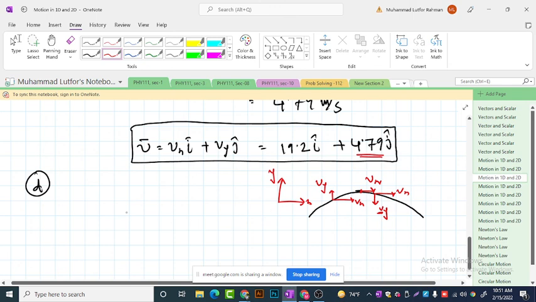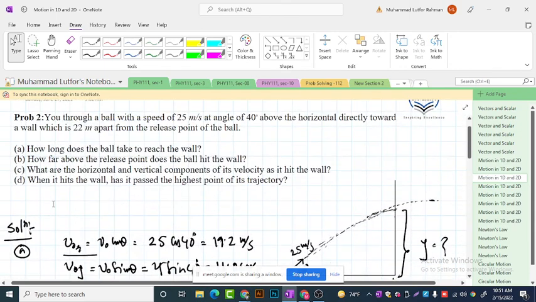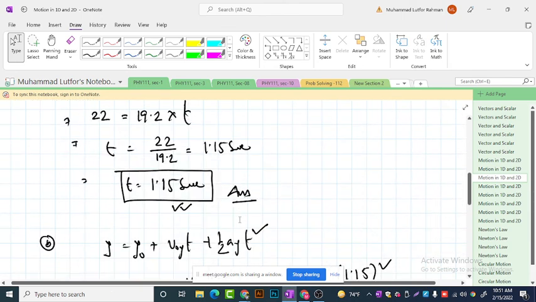If it had crossed that maximum point, then definitely the velocity would be like that, 19.2 i hat minus 4.79 j hat, because after crossing the maximum point, Vy becomes negative. That's why I can say the answer to the fourth question is no. It did not cross the maximum point when it struck the wall. That's the answer.